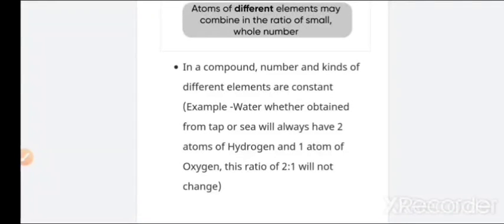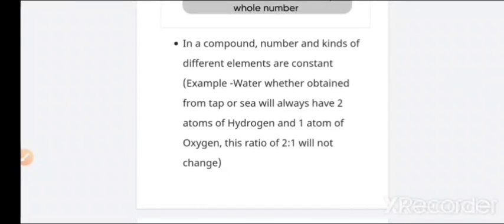If we consider compounds, in compounds the number and kinds of different elements are constant. That means in water, hydrogen and oxygen are always present in a 2:1 ratio. Two atoms of hydrogen and one atom of oxygen, in the ratio 2:1, will not change.